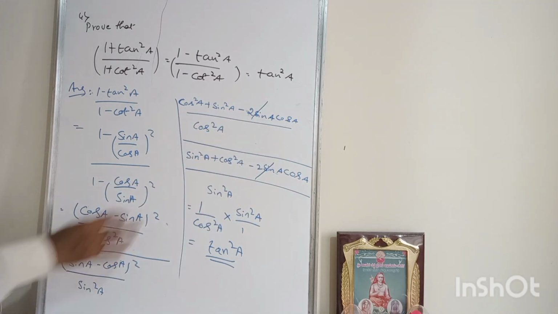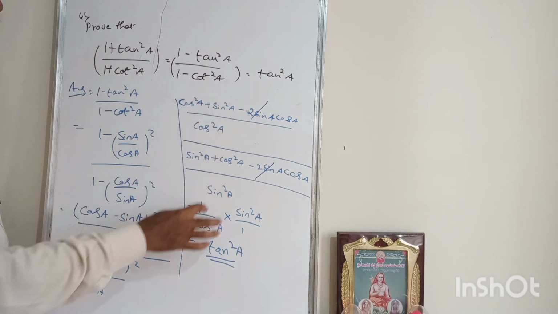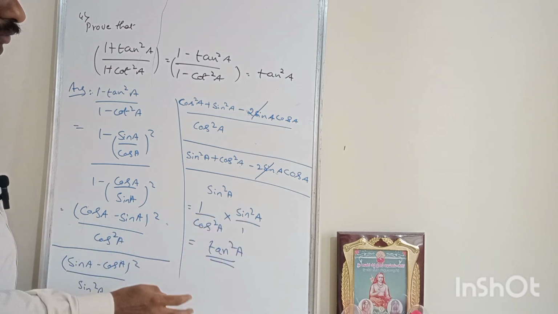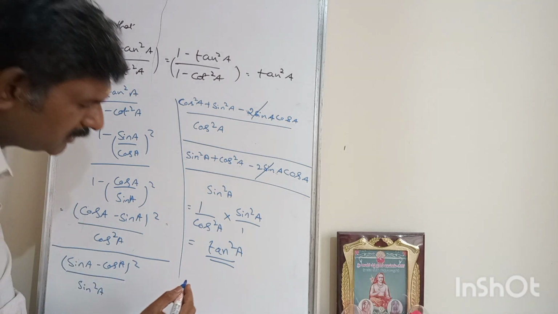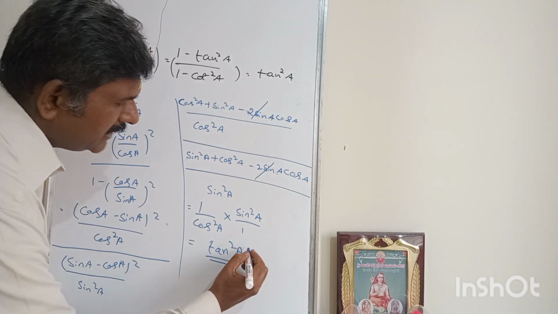You know that identity, cos square A plus sin square A is equal to 1. Therefore, 1 by cos square A into sin square A by 1, that is equal to tan square A. This is the problem. Therefore, that is RHS.